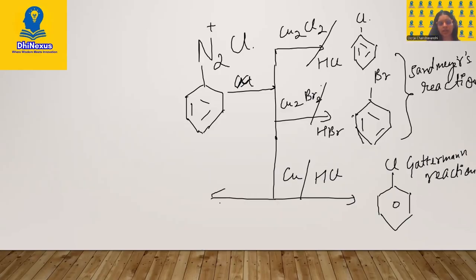If I just add KI, then I get iodobenzene. This is the best method known for preparing iodobenzene, one of the best methods.